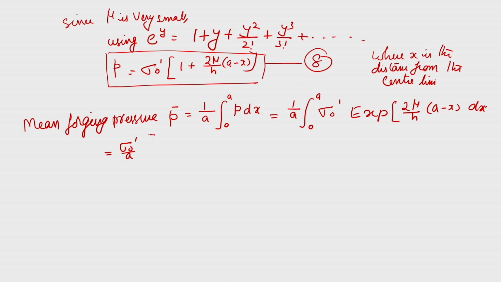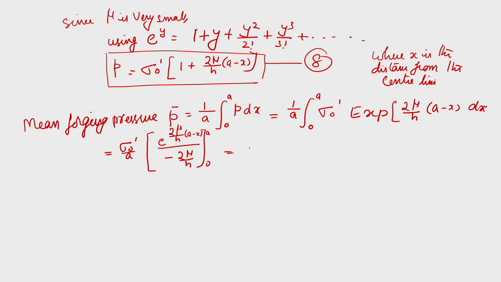we can write it in this form, e raised to 2 mu by h into a minus x, divided by minus 2 mu by h, from 0 to a.